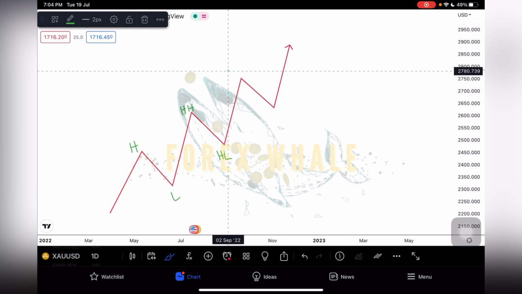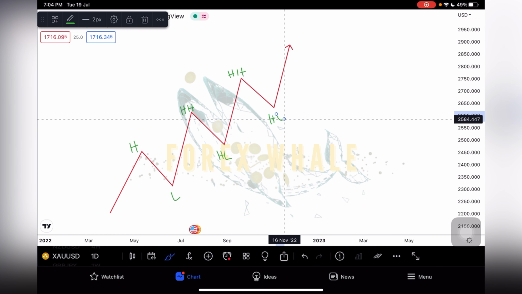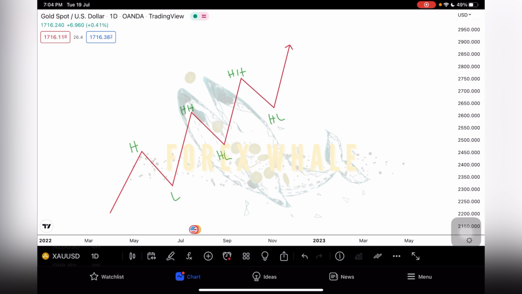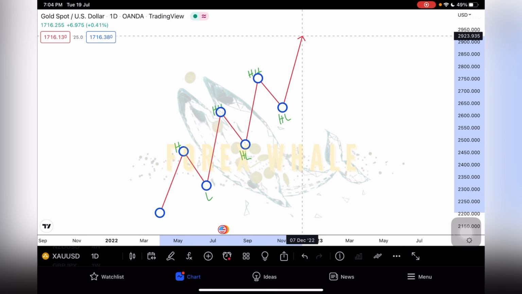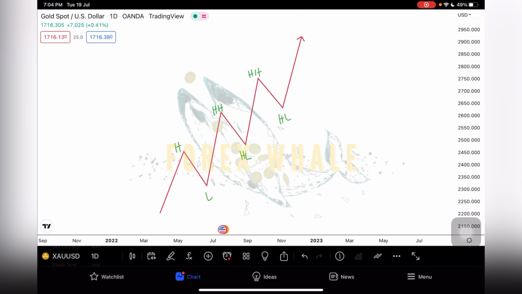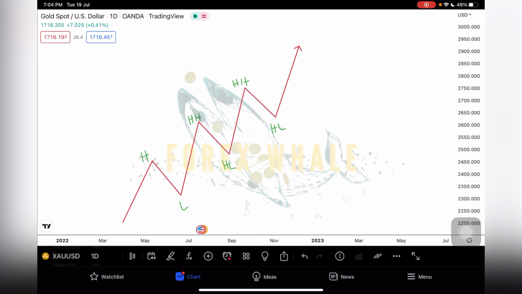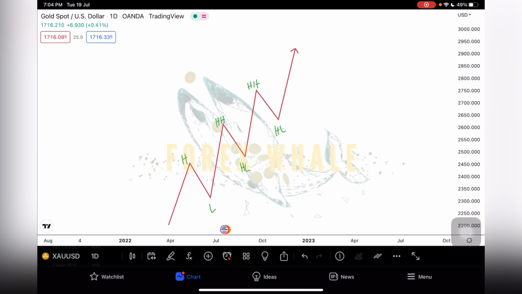And then you have your higher high, and then you have your higher low. Price will continue to create this if it's really going on a bullish move. Otherwise, it will start to create a bearish downtrend. But this is an example of a rally or a trending market to the upside. Very simple. This is your market structure, theoretically.